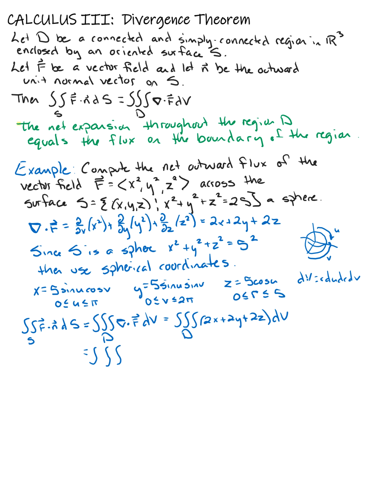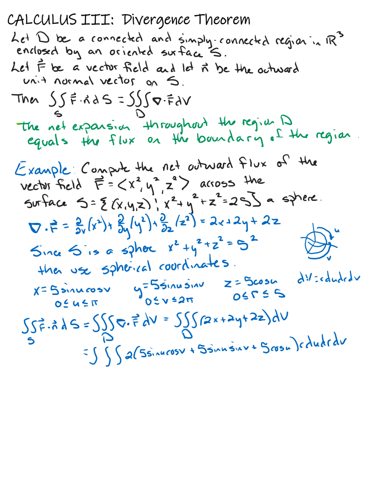Writing this in spherical coordinates, I'm going to factor out that 2, and that gives us 5 sine u cosine v plus 5 sine u sine v plus 5 cosine u, and then dV is r du dr dv.